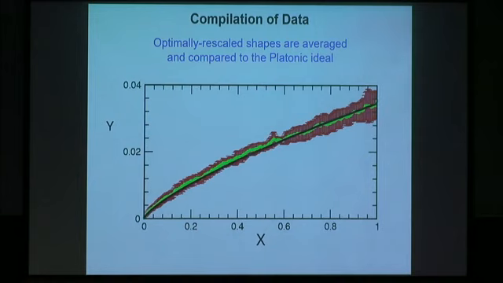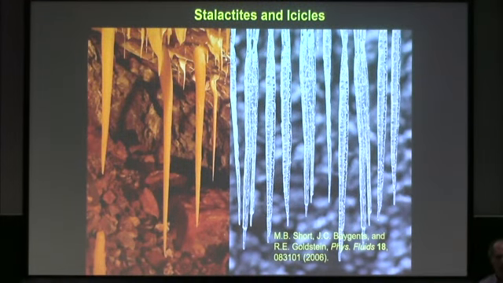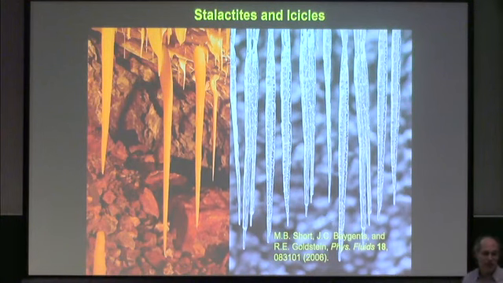Now, when we studied this, we thought, so that's the first drawing on the left. We thought, you know, there are actually interesting similarities in shape between stalactites on the left and icicles on the right. Now, I'd be a fool if I stood here and said, well, surely they're the same because, after all, things grow. Well, no, it's much different, right?